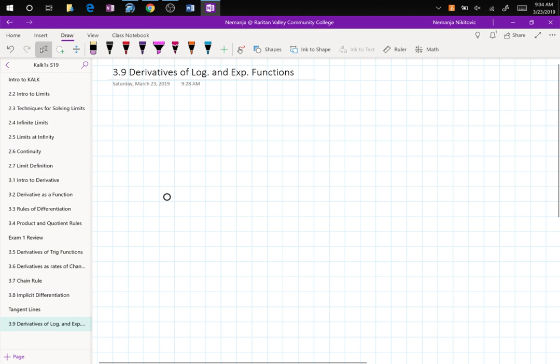There are three parts to this lecture. The first part, exponential derivatives, then derivatives of logarithmic functions, and then part 3, logarithmic differentiation. So that's the technique that I mentioned. The first part is derivatives of exponential functions.